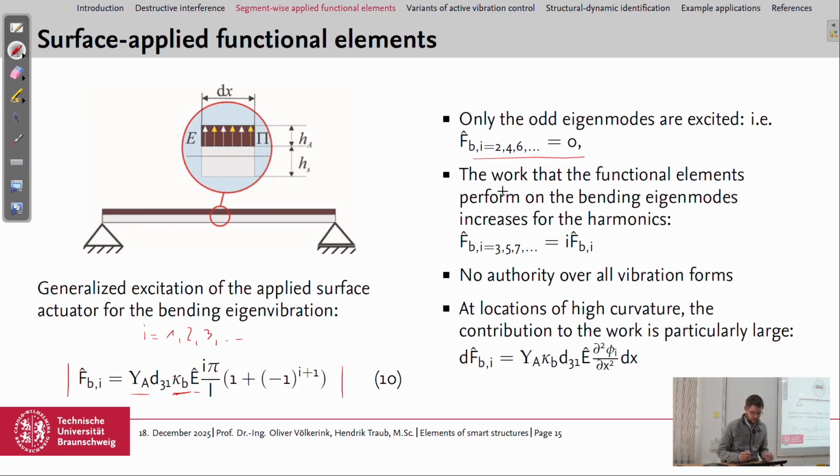For example, if I equals 2, then this one gets 0, and then we have no general excitation at all, because then we have 1 minus 1 is 0.